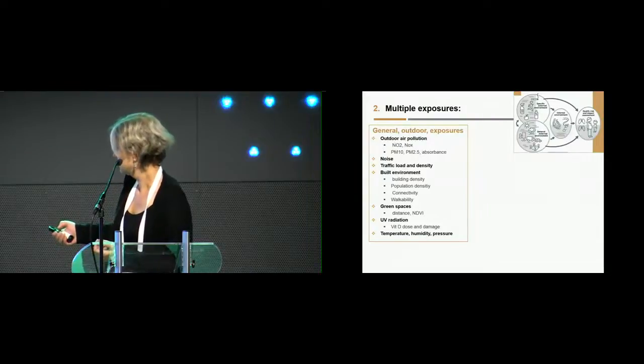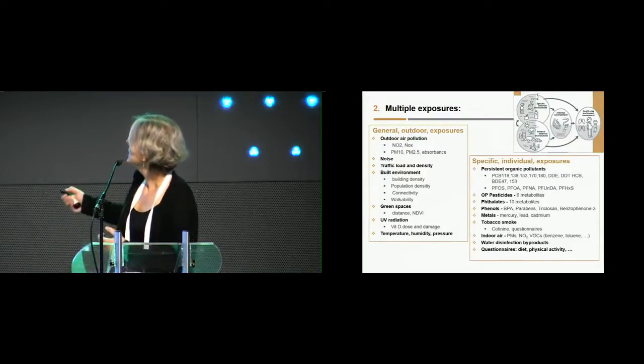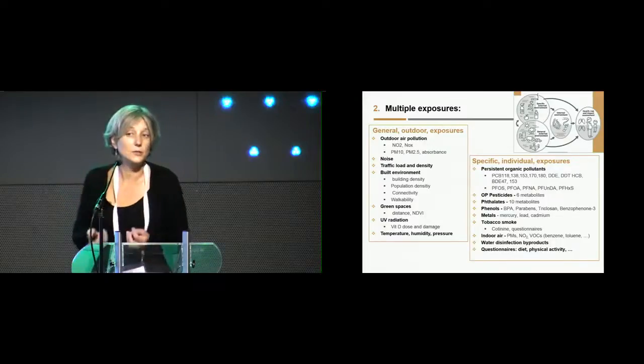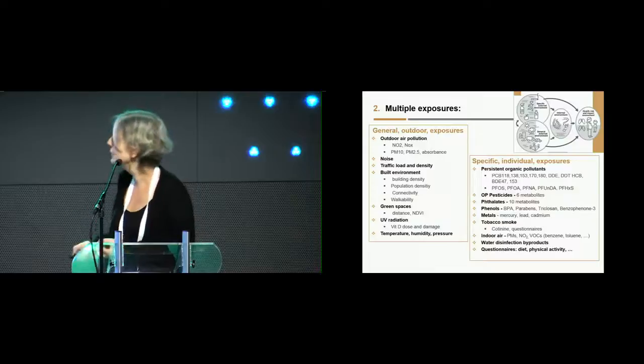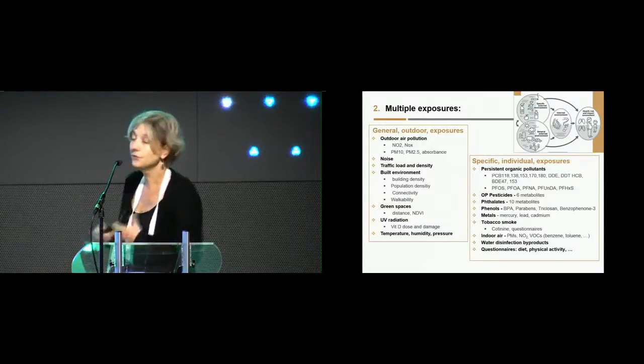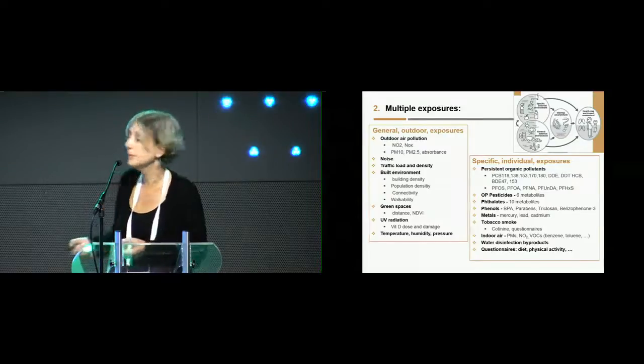And then, in the specific, more individual exposures, meaning exposures that are measured on an individual level, we have a list of pollutants mainly, measured through fairly conventional methods, biomarkers mainly.